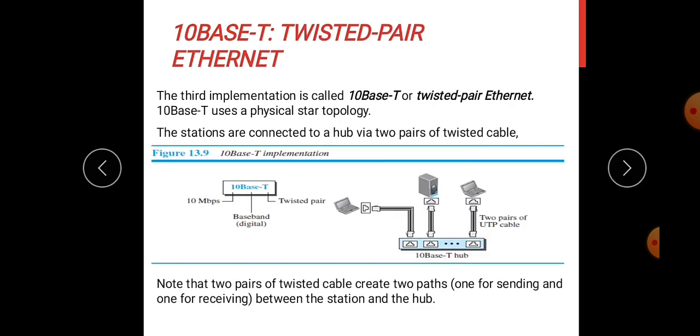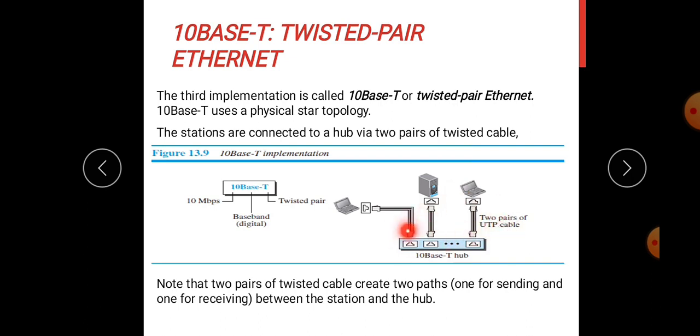The next one is 10BaseT, or twisted pair Ethernet. This 10BaseT uses a physical star topology. The stations are connected to a hub via 2 pairs of twisted cables. Here, two pairs of twisted cable will create two different paths, one for sending, the other for receiving, between the station and the hub.